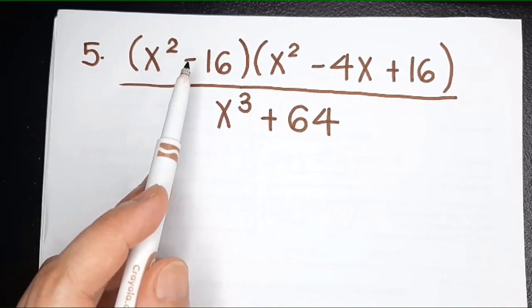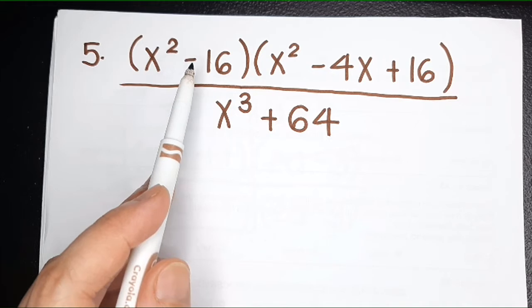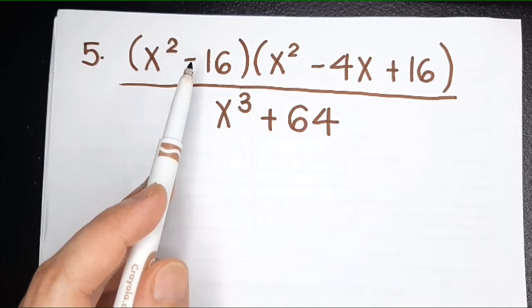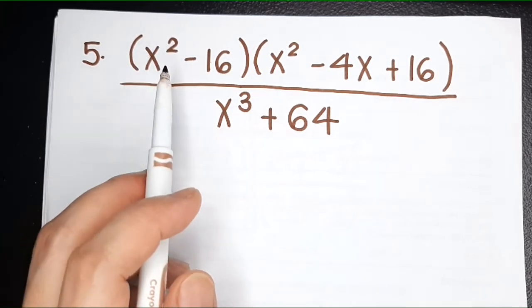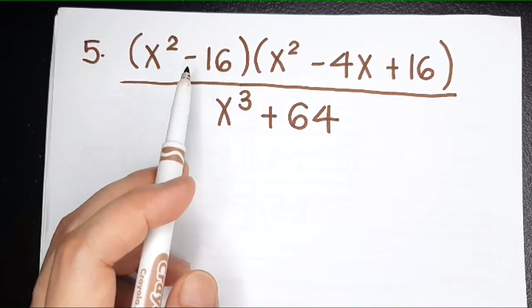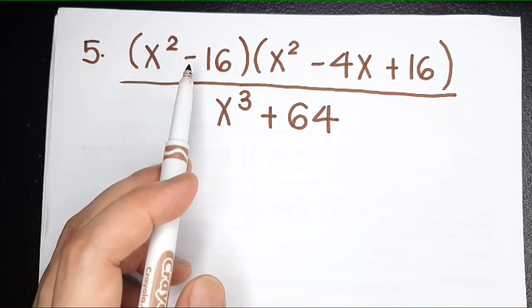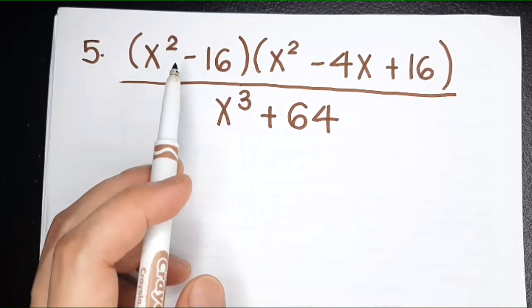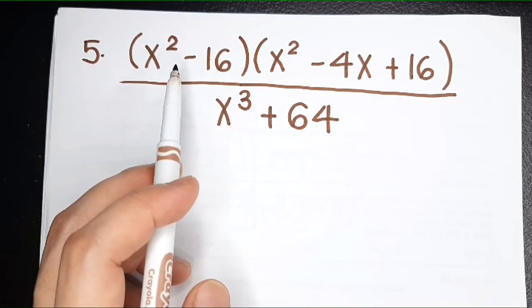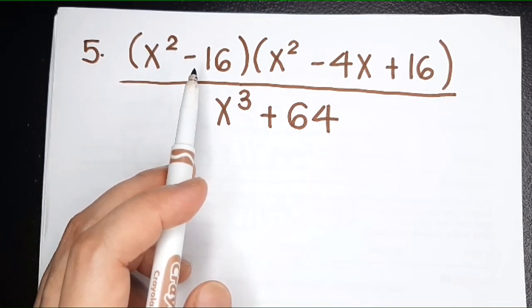Okay. If you have a minus or a difference, may dalawa lang kayong options. Automatic options kung paano nyo i-factor. Kasi you have a difference of 2 squares and a difference of 2 cubes. Diba?